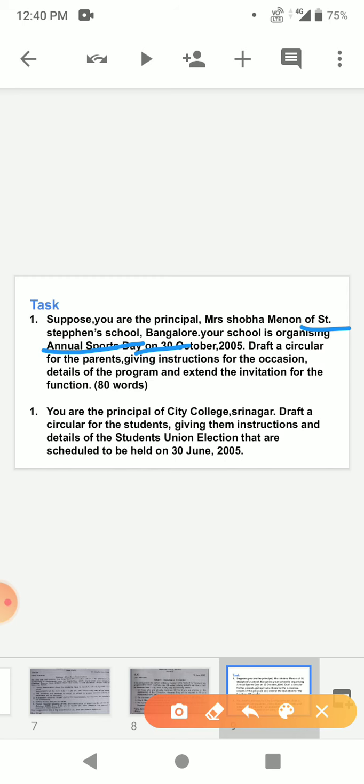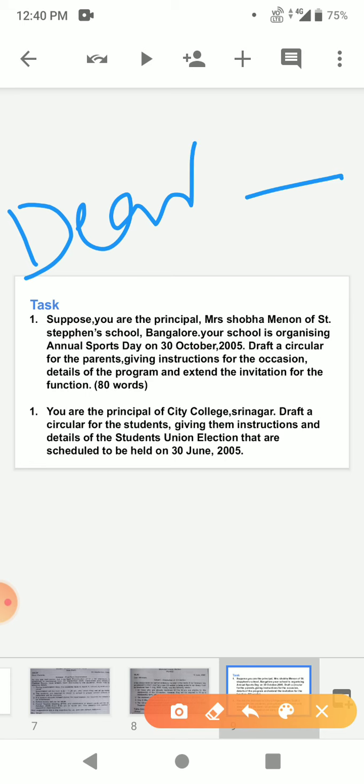So name of the organization is St. Stephen's School, Bangalore. Your school is organizing annual sports day on 30th October. You will write date here. Draft a circular for the parents. So salutation will be dear parents, because you are writing it for parents.